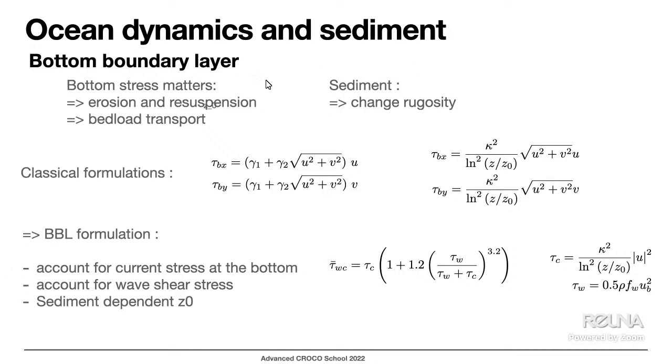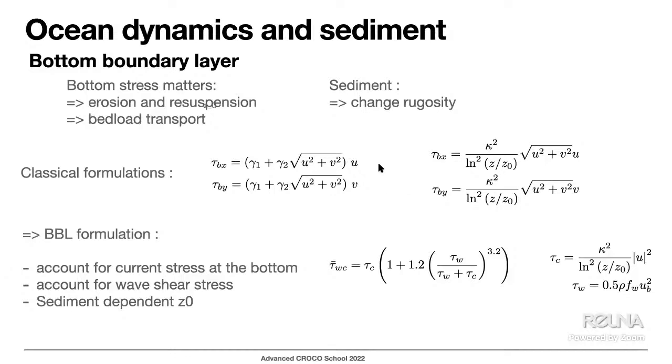So we have those classical formulations for the bottom stress. Here, for instance, it's a quadratic stress, where stress depends on a coefficient and on the norm of the velocity. We also have a logarithmic stress, with this kind of shape, where Z0 is an arbitrary constant, which is a description of the roughness of the bed.